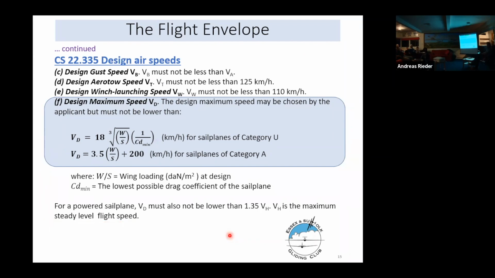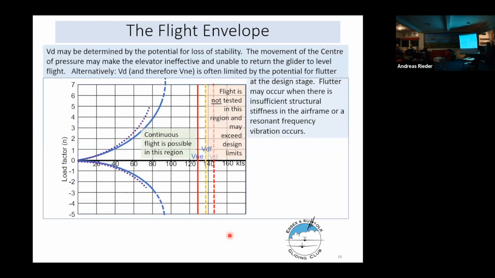Right, moving back to the flight envelope. Beyond the designed maximum, the reason that the design maximum is there is that beyond that, you may potentially lose stability. I'll explain that a little bit better in the next couple of slides.